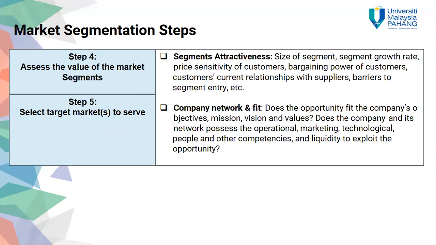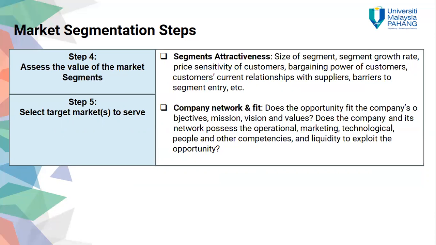So in segment attractiveness, you can look at the size of the segment. How big is the customer base that you have, how you want to segment, the growth rate. And then we are also looking at the price sensitivity. You cannot offer too high for this particular segment of customer.